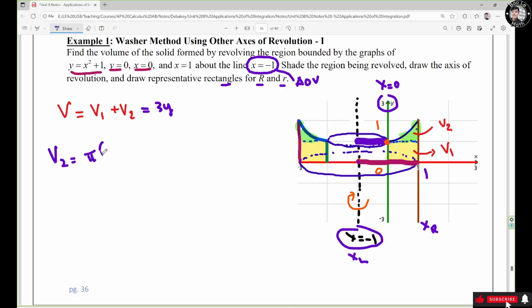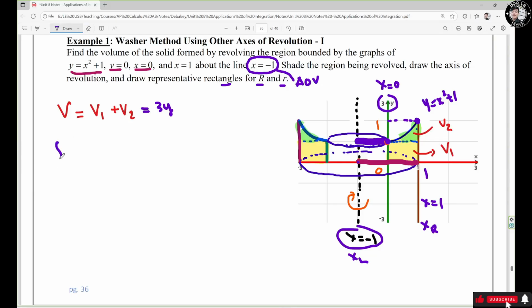pi times the integral from here, 1, to this guy right here. So we need to find the intersection right here between the parabola y equals x squared plus 1 and the vertical line x equals 1 right here, right? So I'm going to put this one on the side note.